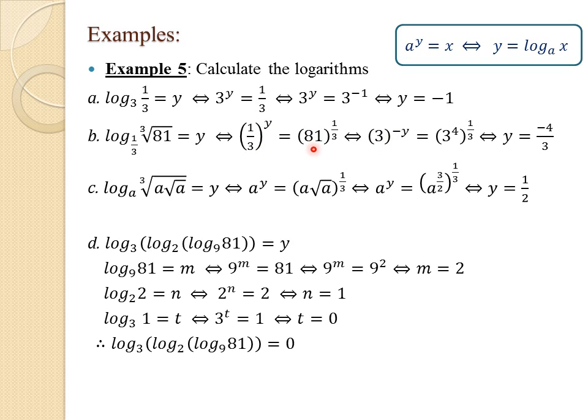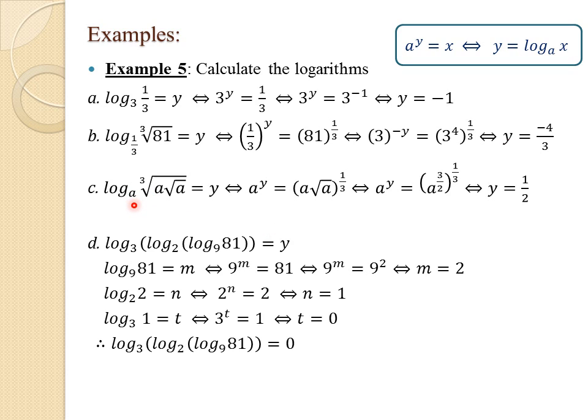And now, 81 is 3 power 4, since 3 multiplied by itself 4 times is 81. So this is 3 power 4 power 1 over 3. Of course, I'm going to multiply the powers. This is going to be 4 over 3. Thus, 3 power negative y equal 3 power 4 over 3. So y is negative 4 over 3. Just transfer the negative.